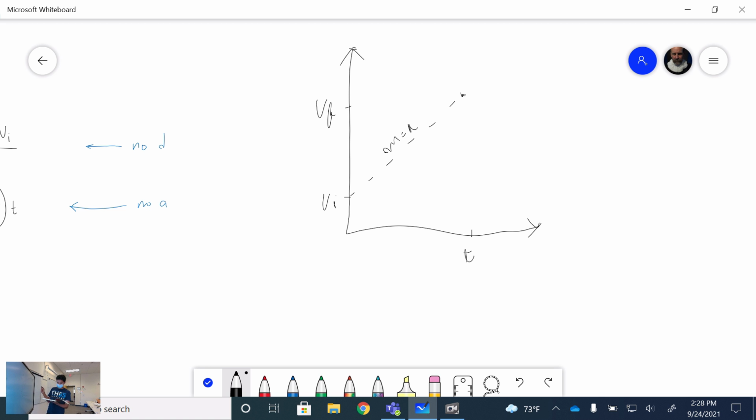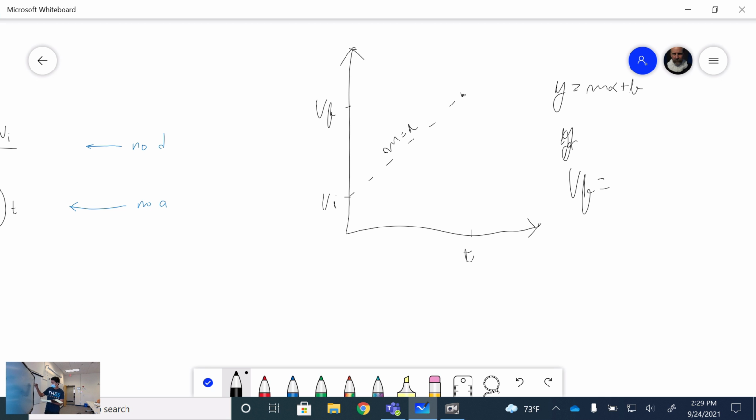And then from there, you can tell the y based on the slope equation. So it'd be y equals mx plus b, and in this case, the m is the acceleration, as you can see. And the y is the v of f. So the final velocity.